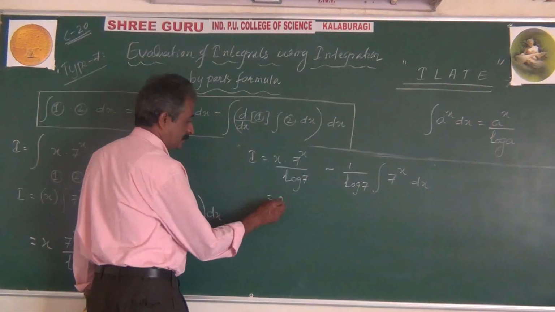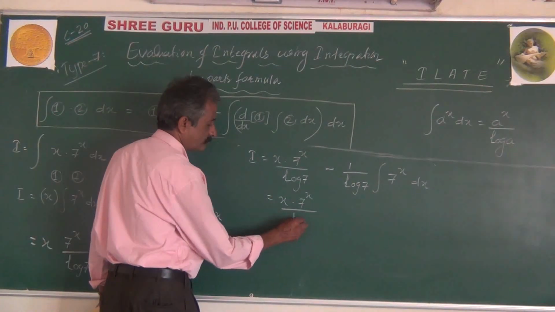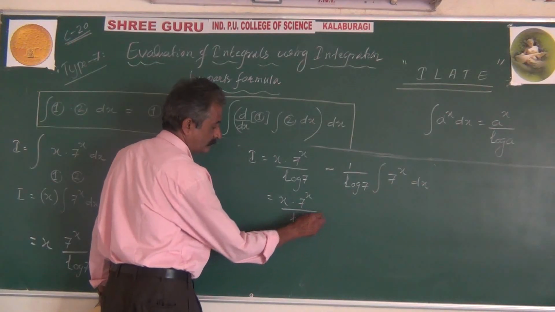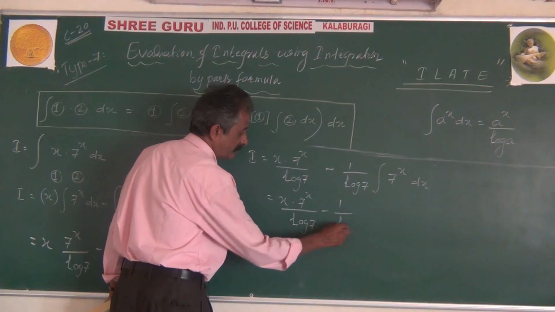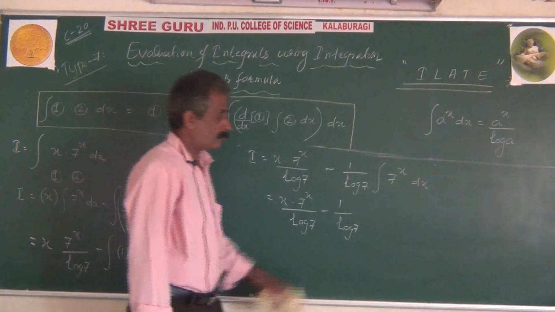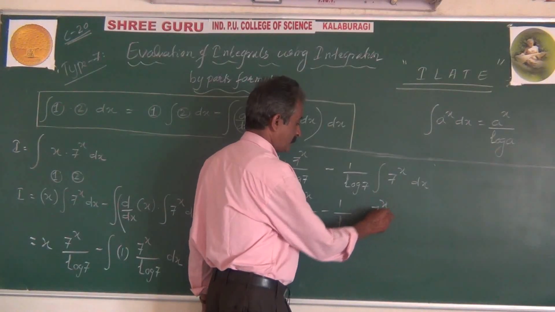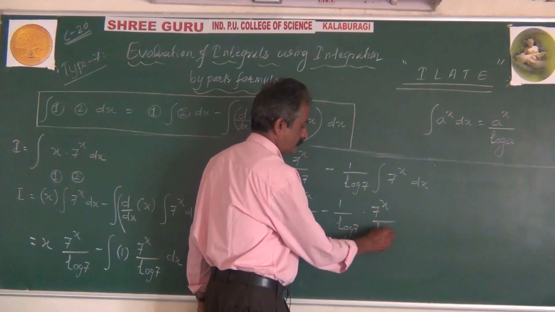That is x into 7 power x by log 7 minus 1 by log 7. What is integration of 7 power x? 7 power x by log 7 plus c.